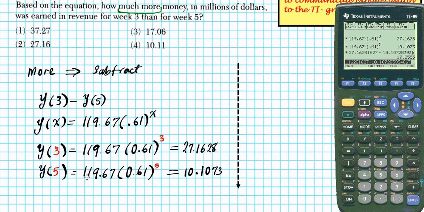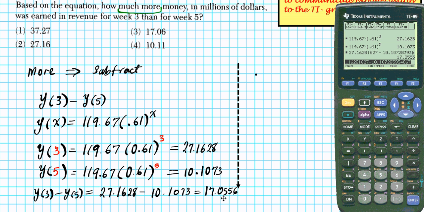So now we have these two. We're going to compute y3 minus y5. What is y3 minus y5? You simply subtract these two results, right? y3 is 27.1628 minus y5, which is 10.1073. And then our answer is 17.0556. The options are rounded to the nearest hundredth, or the second decimal place, so we want to round ours.